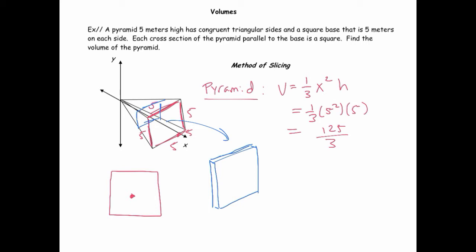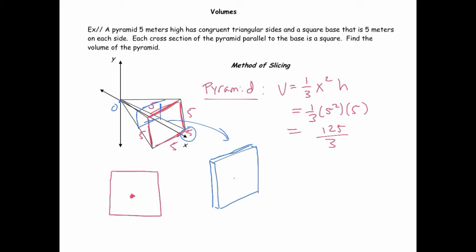What we want is the volume of this one representative arbitrary slice, and then we're going to sum those slices as our x value goes from 0 to 5. And that's where the integral comes in.